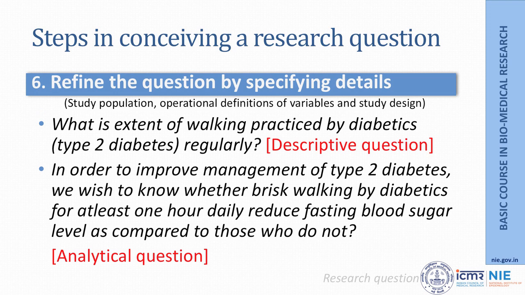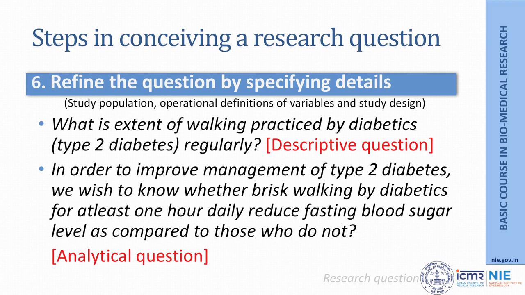I have just given an example of such specifications in the form of a descriptive question as well as analytical question. When you are specifying the details, you need to specify study population, operational definitions of variables, which is exposure and outcome, and also if possible study design.